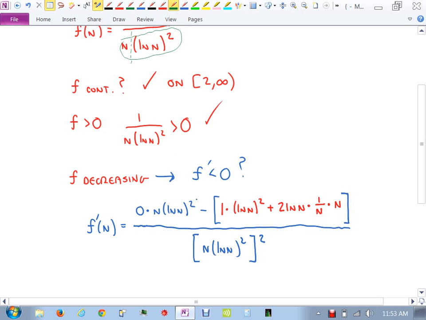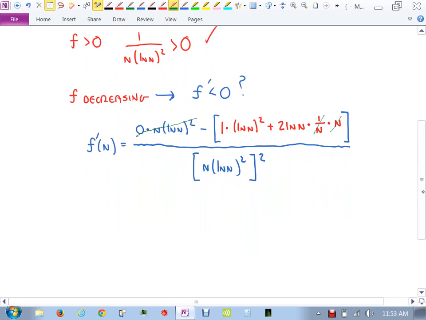We already said that this 0 kills that off. Inside that bracket, the 1 over n and the n cancel. So what am I left with? On top, what do we have? Negative ln n squared. Careful. Minus 2 ln n.